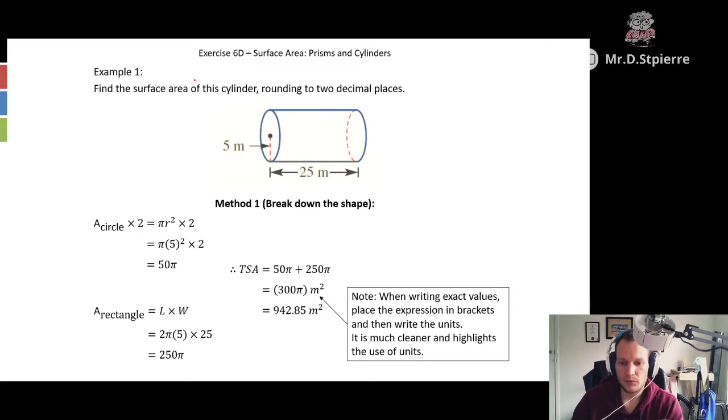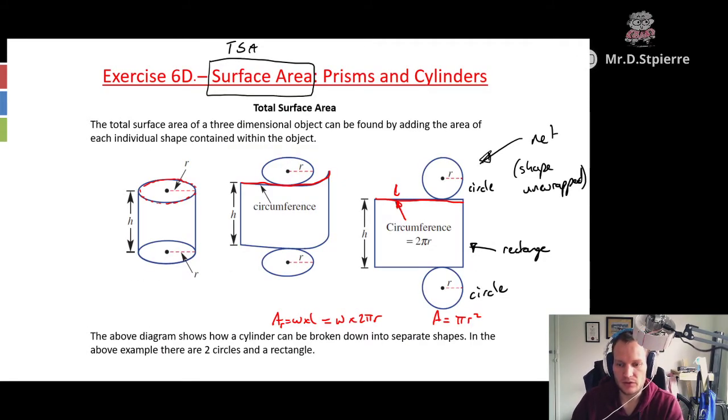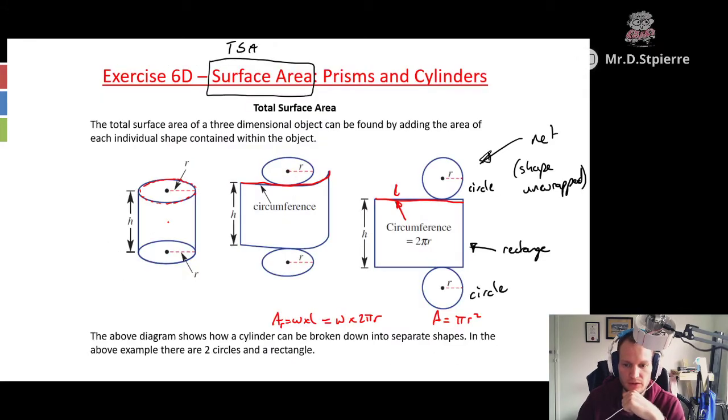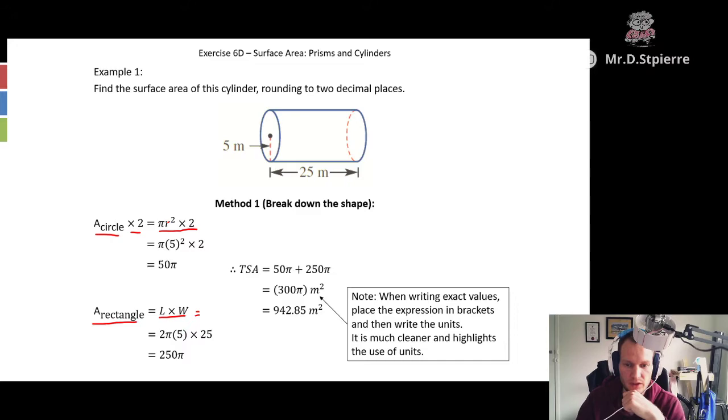Okay, so where I was going with all of this, the total surface area: a cylinder is made up of two circles and the wrap, which if we unfold the wrap is just a rectangle. And it turns out we have the area of a circle times 2, so we get pi r squared times 2, and then we also have the area of the rectangle, which is length times width, which we showed was, in this case, I just want to make sure we use convention, width times 2 pi r.